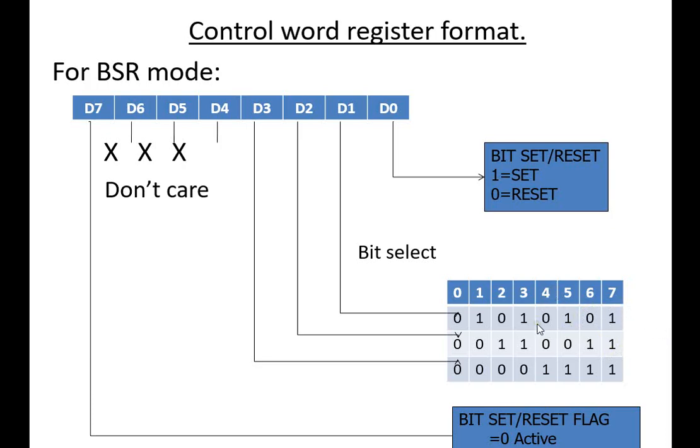D4, D5 and D6 are don't care lines, and D7 is the flag, where 0 is active and 1 is deactive. So D0 is for bit set and reset, and D7 is for the bit set and reset flag.